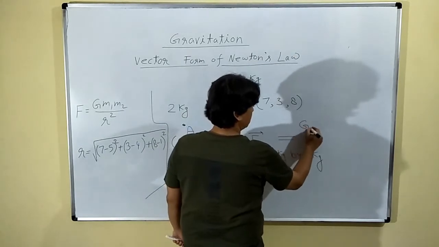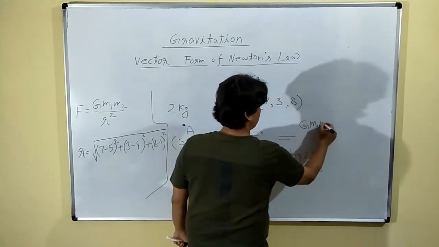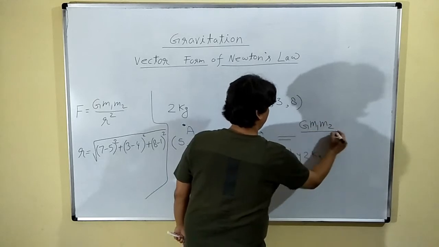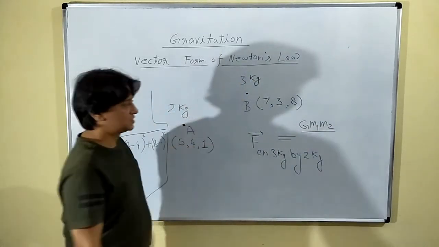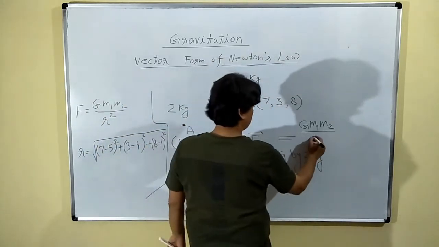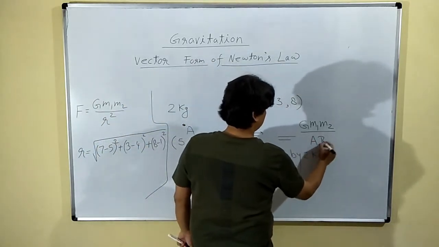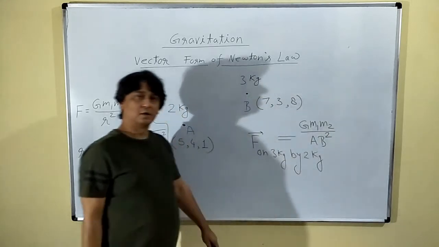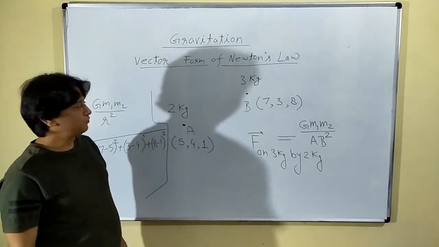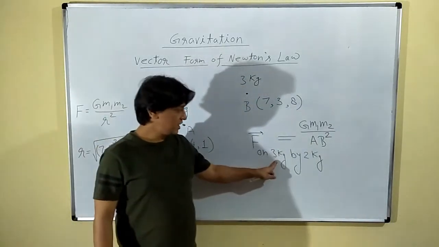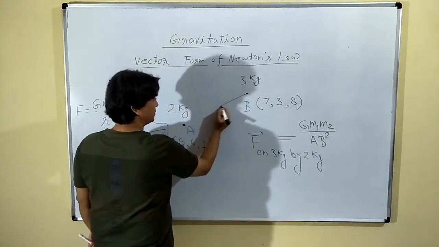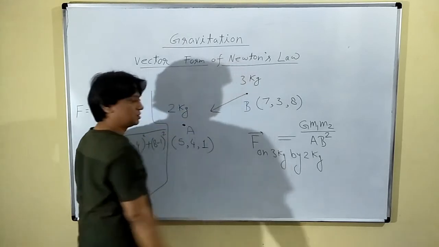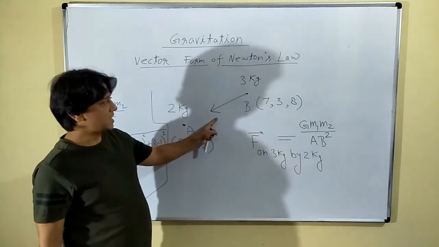What is force? G m1 m2 upon distance between A and B, what is that? AB, square of that। What is the direction of force? On 3 kg by 2 kg, on 3 by 2, this is the direction। What is this direction?